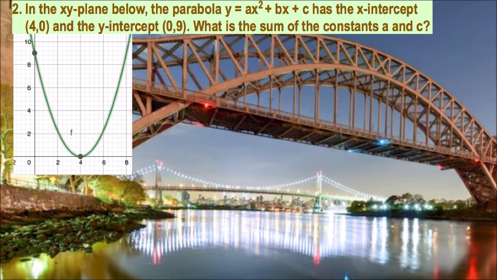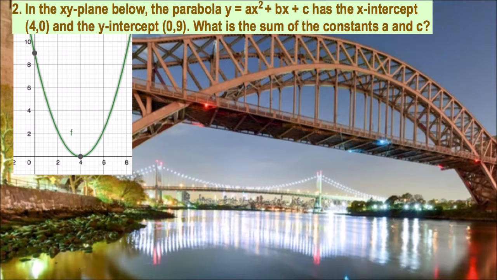Question 2. In the xy plane below, the parabola y equals ax squared plus bx plus c has the x-intercept point of coordinates (4, 0), and the y-intercept point of coordinates (0, 9).